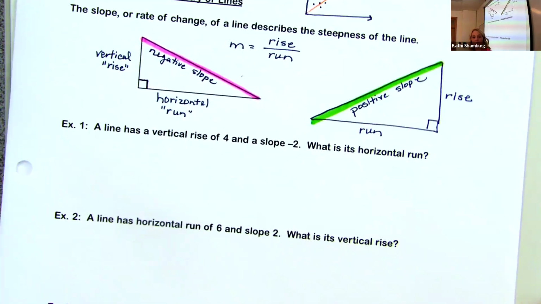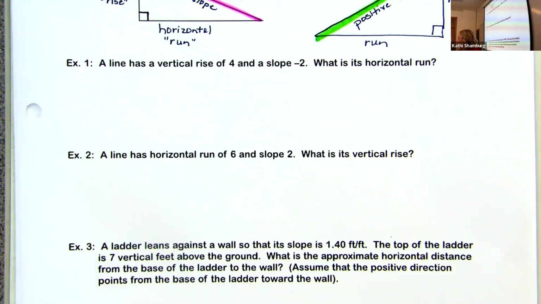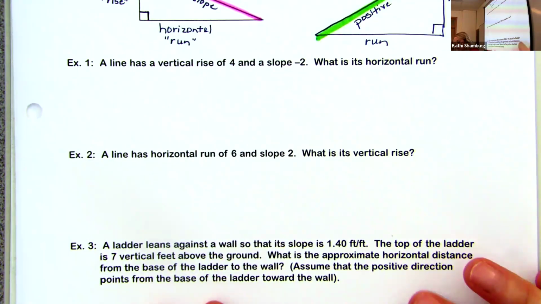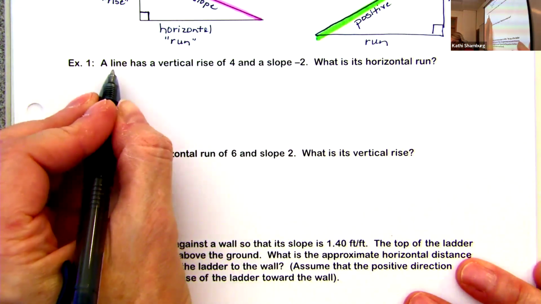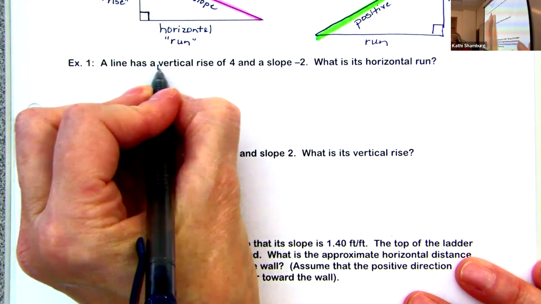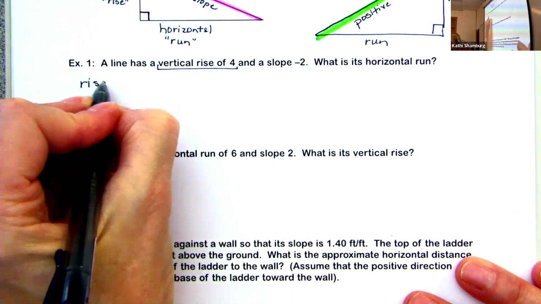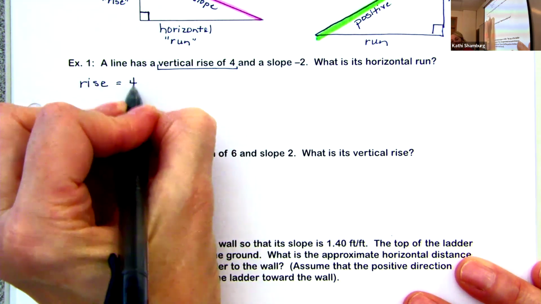Okay. All right. So the first type of problems you're going to be given, and most likely you will see in WebAssign, it's going to give you some information and you're going to have to find an unknown. Okay. So as I read this, it says a line has a vertical rise of 4. So they're telling us the rise is equal to 4.